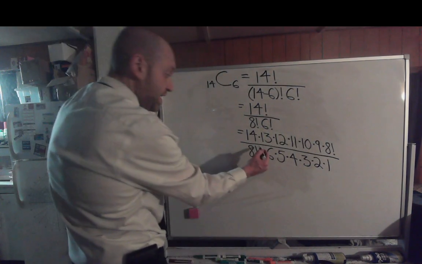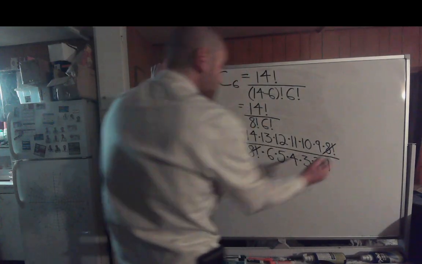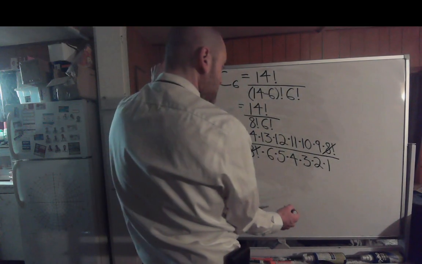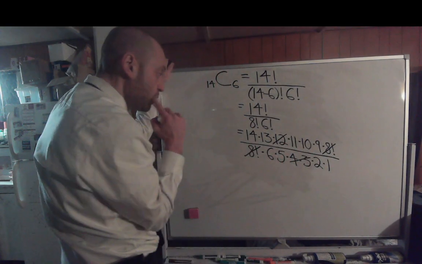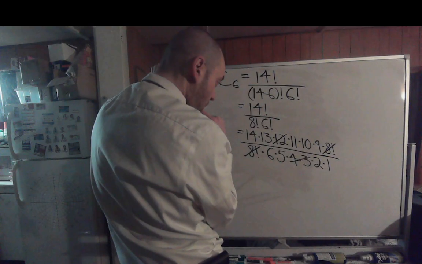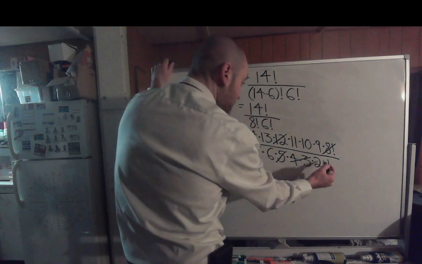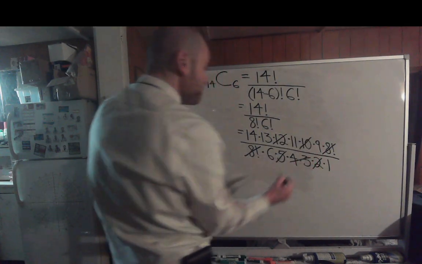Well, my 8 factorials will for sure cancel out. My 4 times 3 will cancel out with 12. What else? My 5 and 2 will cancel out with 10.